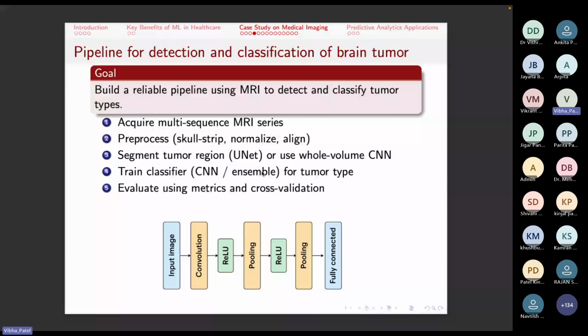Once we are done with this, we'll either use a deep network like UNet or CNN, or you may use an ensemble approach, to train the network using the labeled data that is available to us for detection of the tumor type.